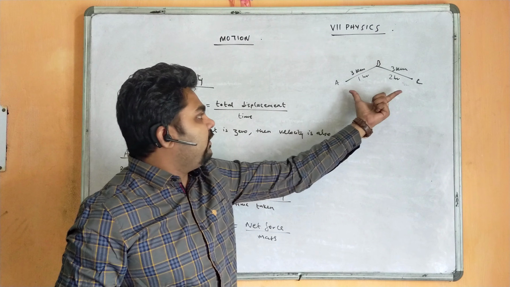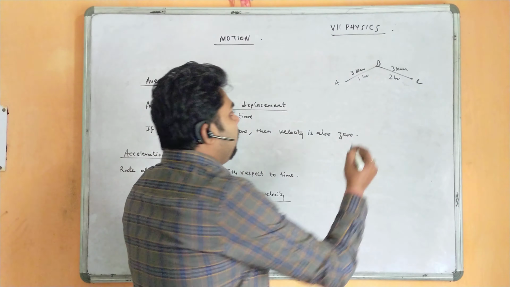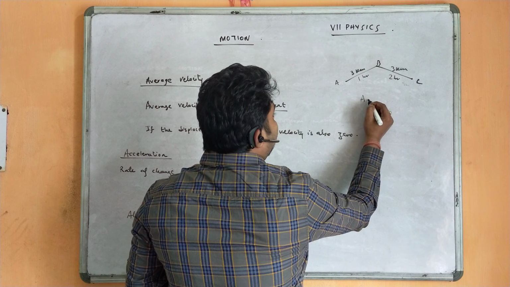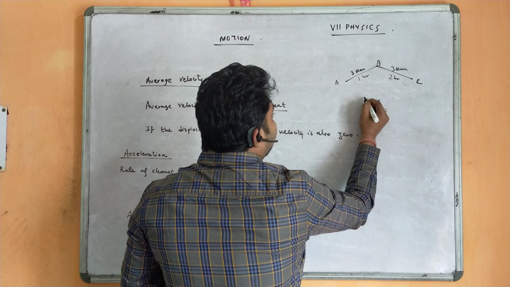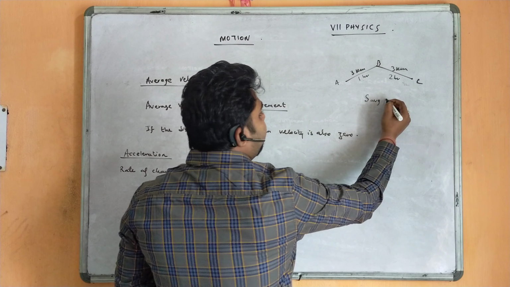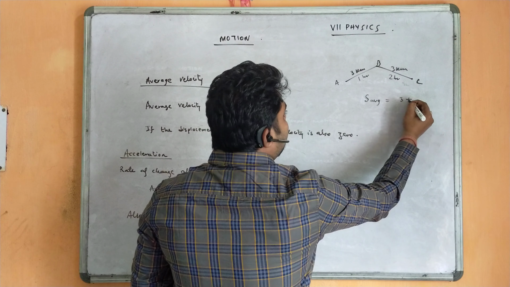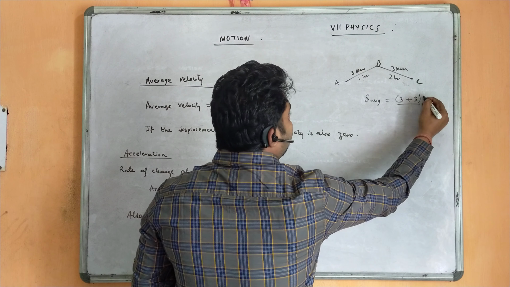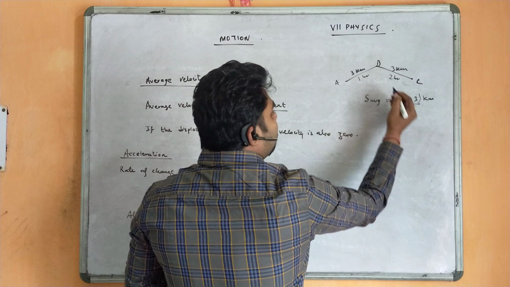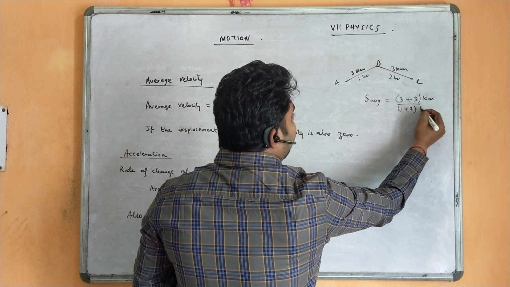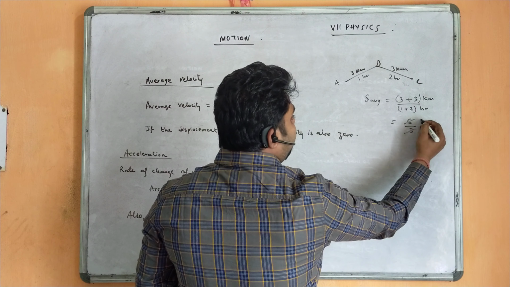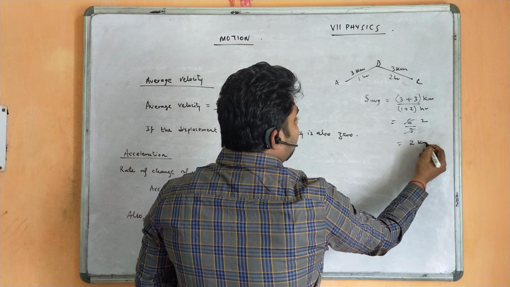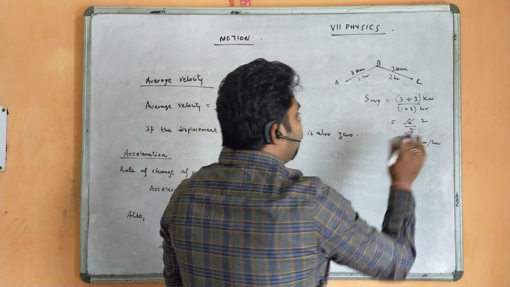So if I ask what is the average speed here, you will say average speed, that means S average. I am writing here S average means average speed: total distance 3 plus 3, these are in kilometers, and total time 1 plus 2, that is in hours. That means 6 by 3, 3 ones are 3, 3 twos are 6, that means 2 km per hour. Okay, so this was the average speed.